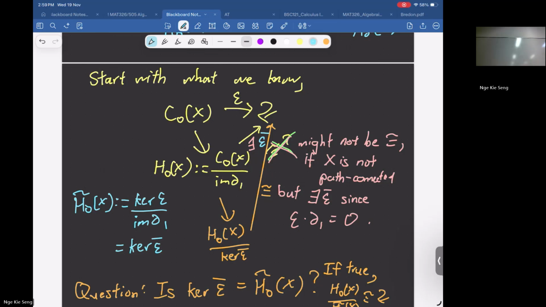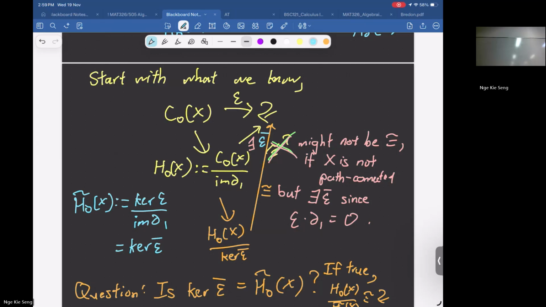But the domain of epsilon bar is what? C naught X quotient by image of delta 1. Obviously, you need to identify the element in the kernel of epsilon based on the identification you make on image delta 1. Okay or not? Does it make sense?